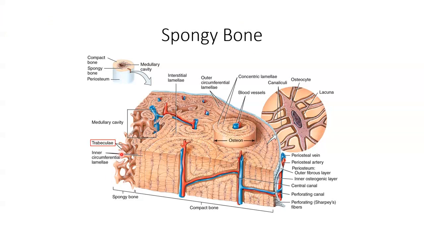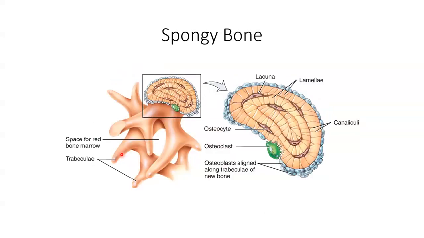Those spaces are filled with red bone marrow in bones that produce blood cells, and then yellow bone marrow in the other bones. So somewhat like osteons, each trabecula consists of our concentric lamellae. It has osteocytes in the lacunae and canaliculi connecting the osteocytes.